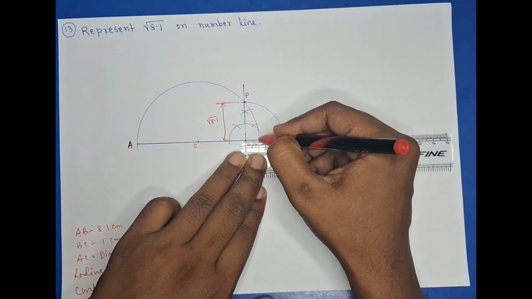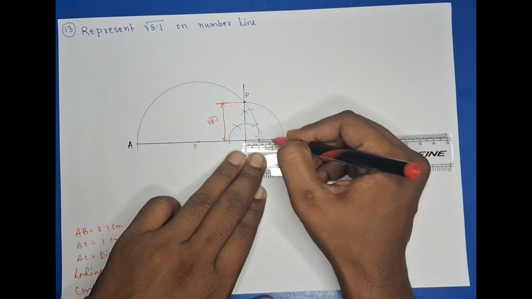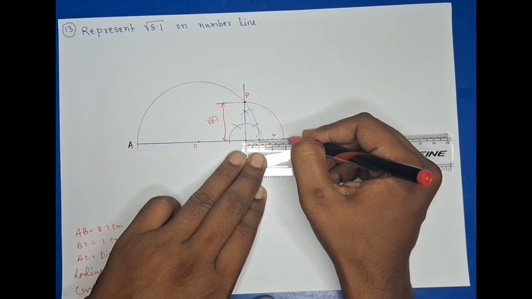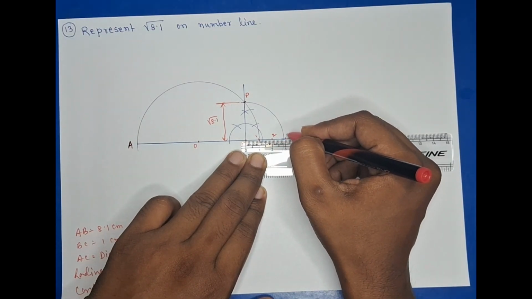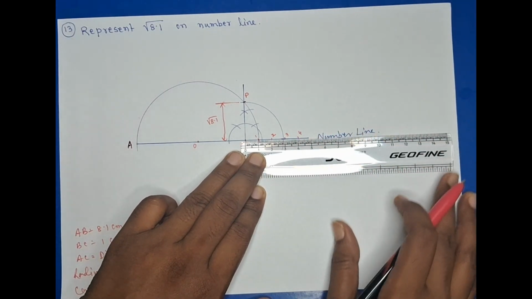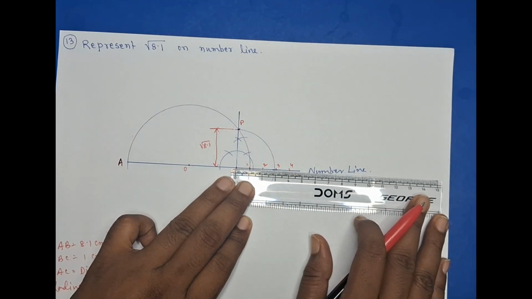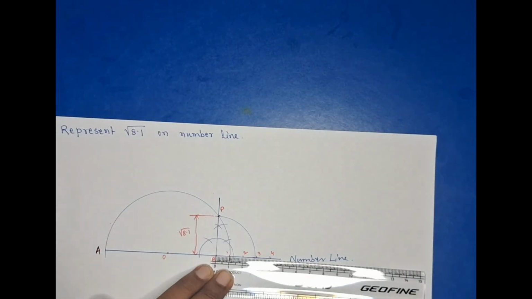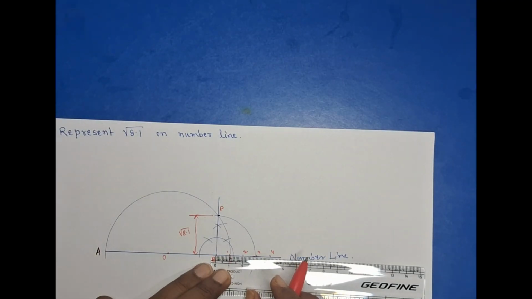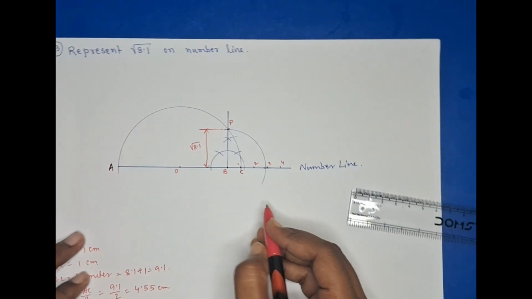This is 1, this is 2, this is 3, this is 4, and see where it cuts. It cuts very nearer to 9. It is almost 2.5, 6, 7, 8, 9, 2.9.